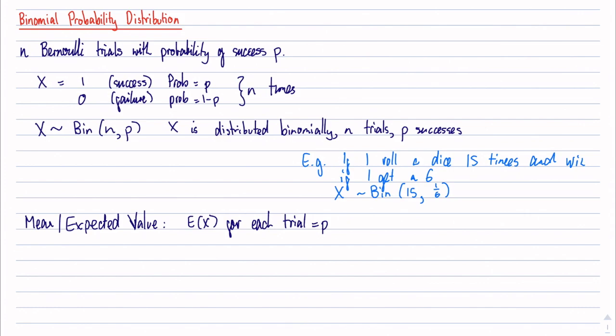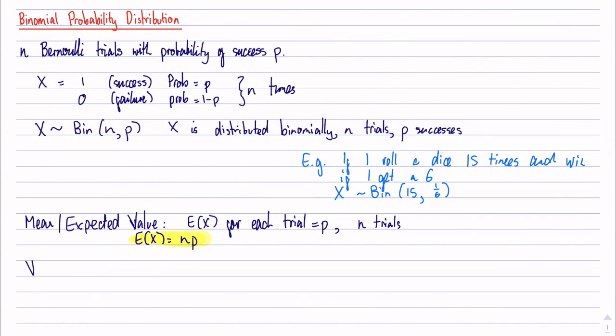The probability of getting a success at each trial is P, so that's the expected value for each trial. We have N trials, so the expected value is N times P. Good formula to know.